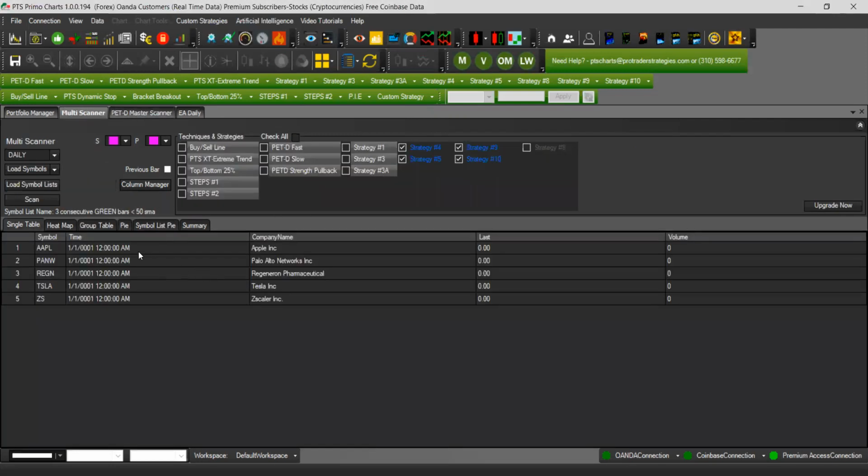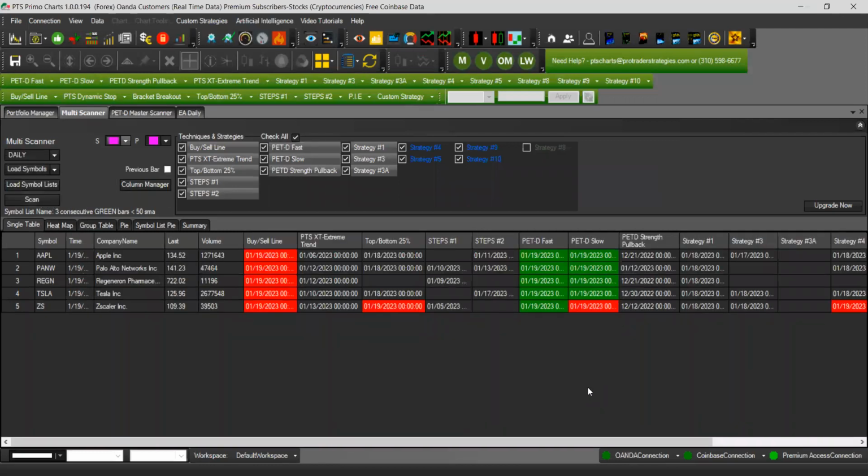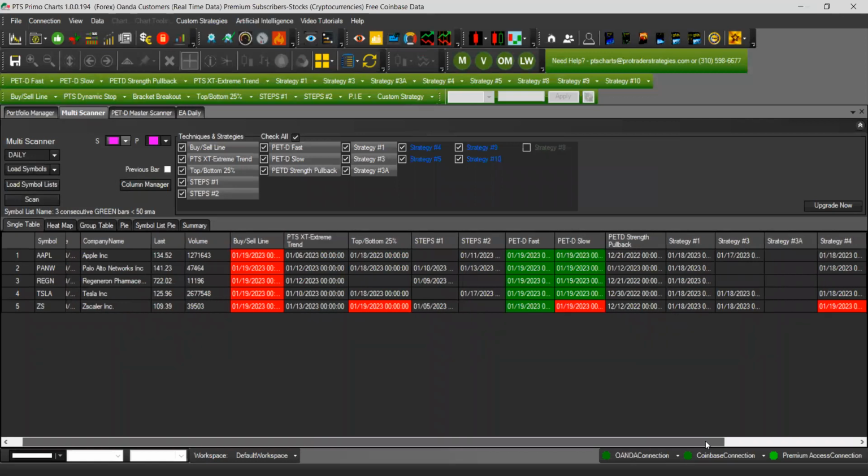Apply, we go to the multi-scanner, so we have those symbols, and now I can check even further for signals on that. So we know that we're going to have the PETD. You see that the PETD fast is showing different results than the PETD slow, because the PETD slow is less sensitive to changes in the trend.